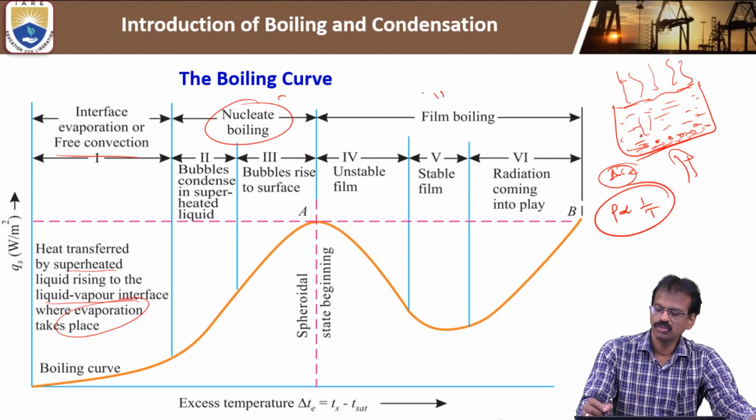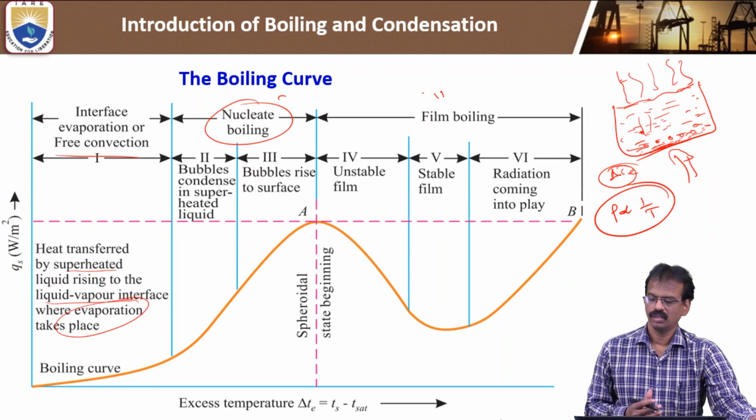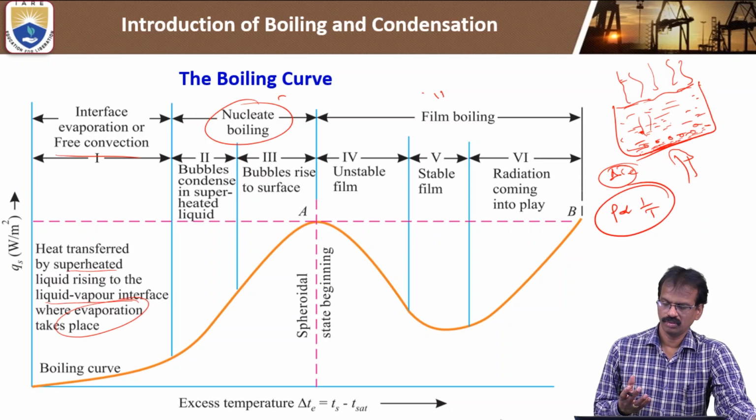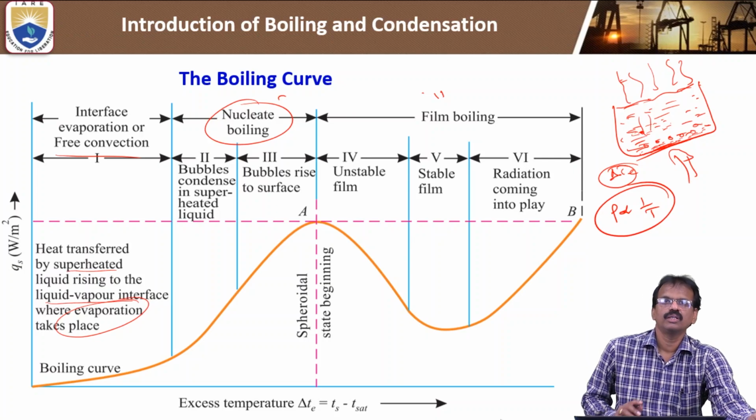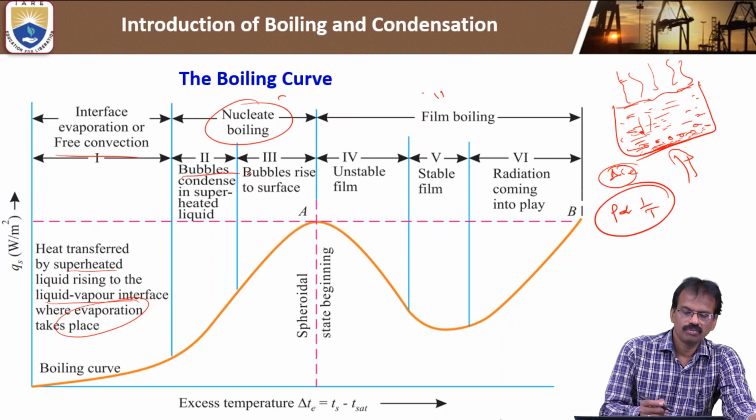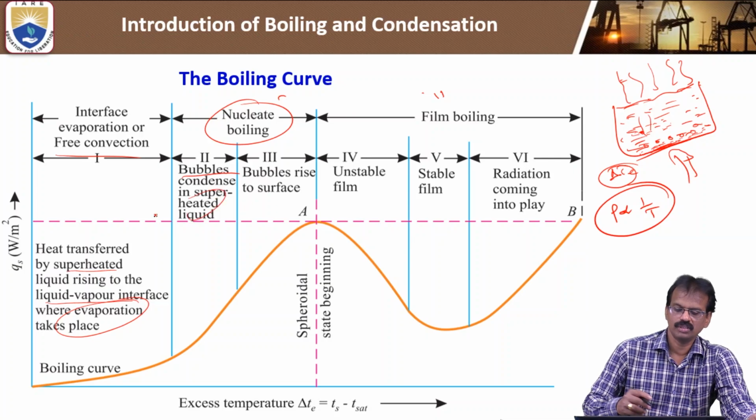But while moving, those bubbles condense again, because the water away from the bottom surface has a temperature less than the boiling point. Due to the lower temperature, these bubbles condense again. So bubbles are formed but condensed again in the superheated liquid. This is the process.